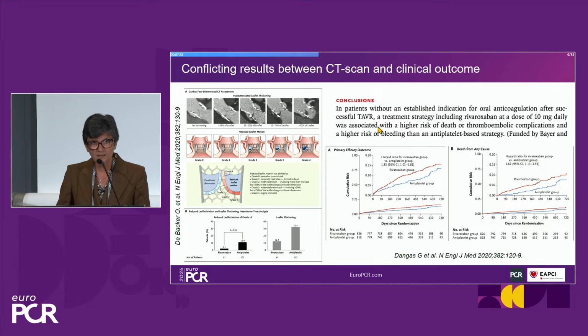If you remember, patients treated with rivaroxaban had a higher risk of death, thromboembolic and bleeding complications. So the CT scan outcome was better, but the clinical outcome was worse under anticoagulants. This is another paradoxical phenomenon with HALT.